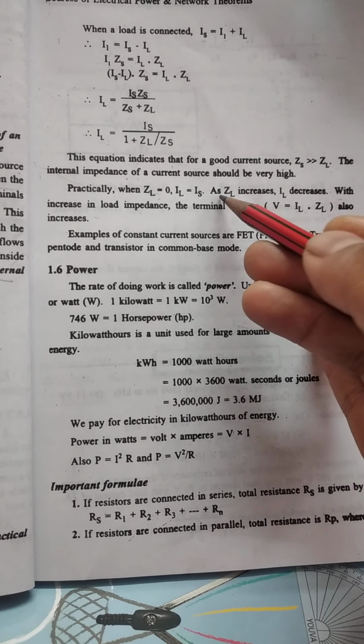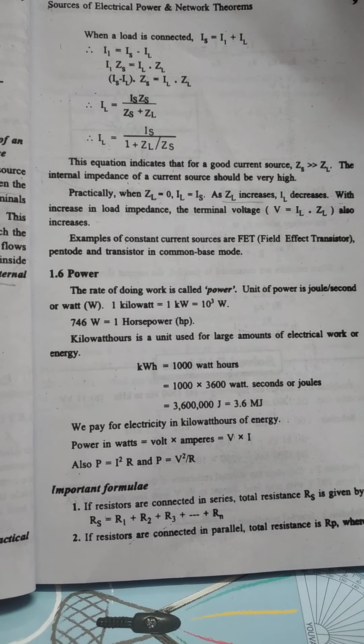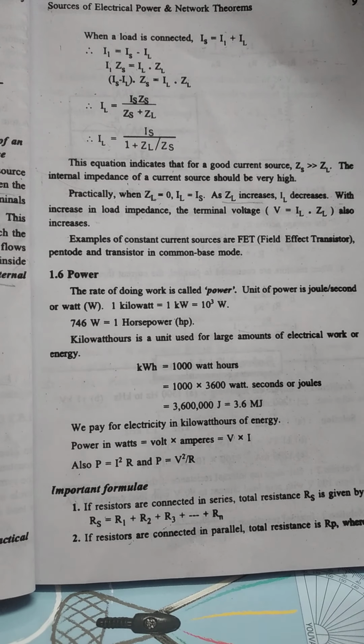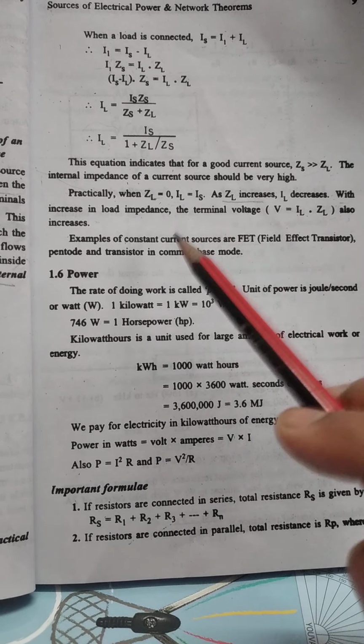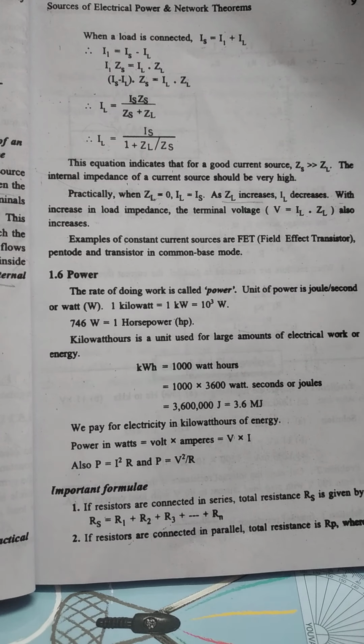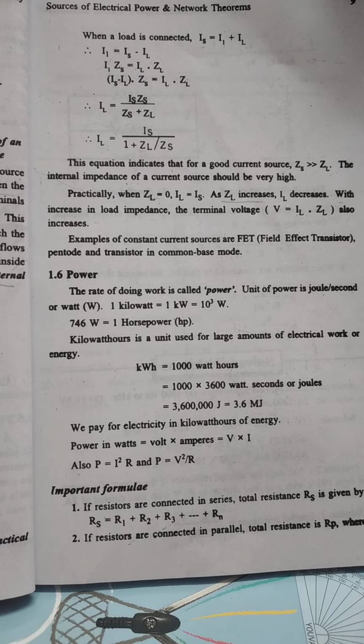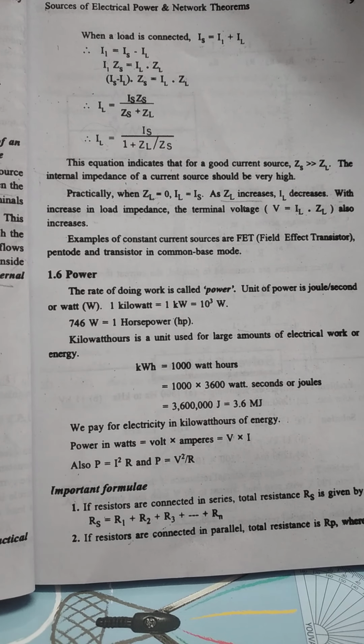With an increase in load impedance, the terminal voltage also increases. So when load impedance increases, voltage increases, and current decreases.